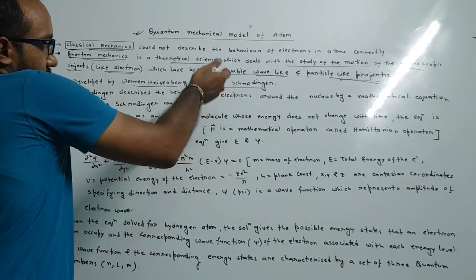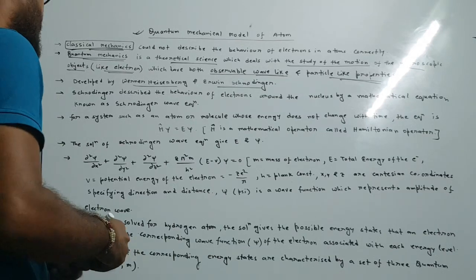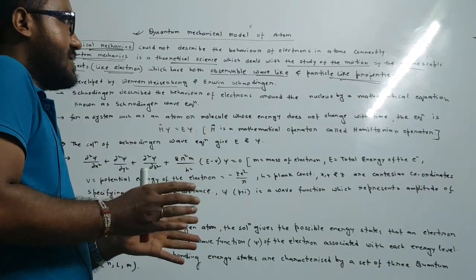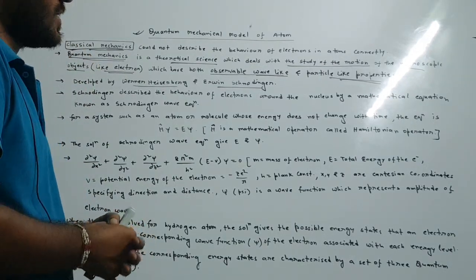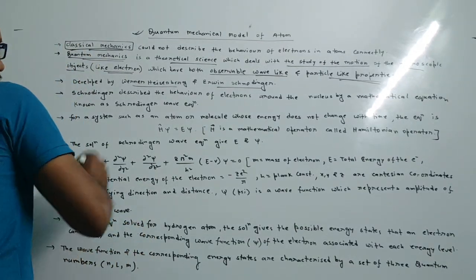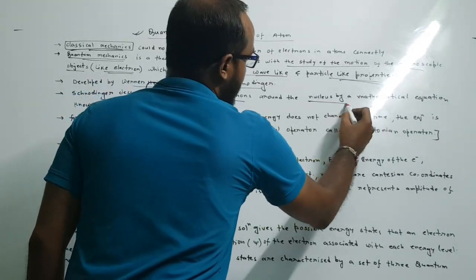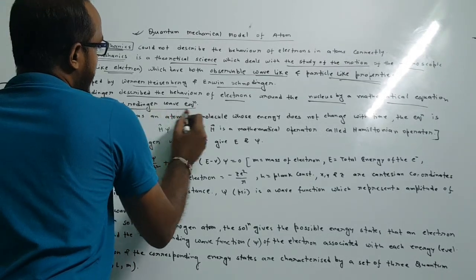The solutions of his equation give the position or probability density function of the electron, where an electron should lie at a particular time. Schrödinger described the behavior of the electron around the nucleus by a mathematical equation known as the Schrödinger wave equation.